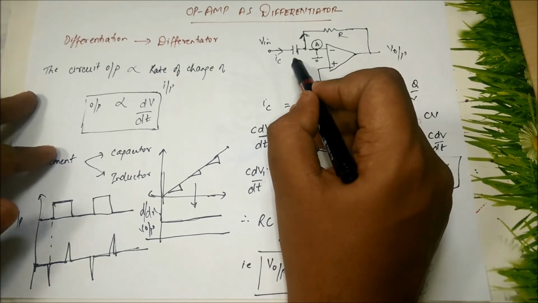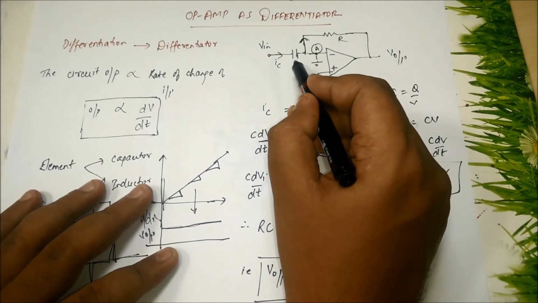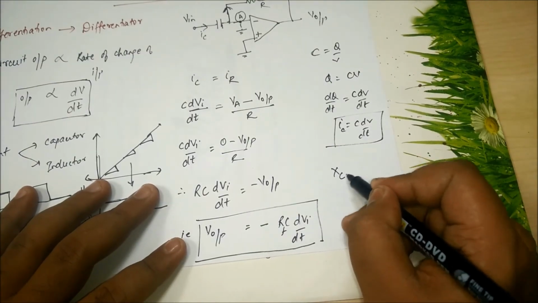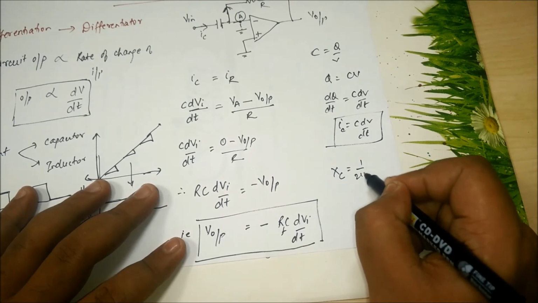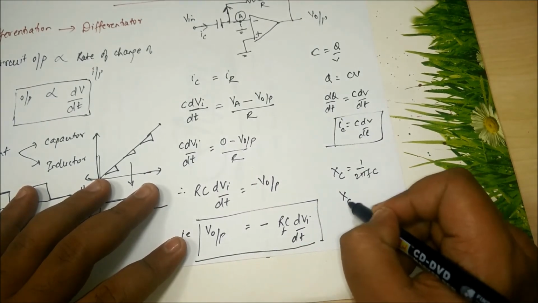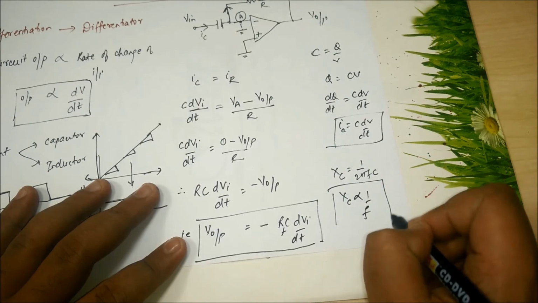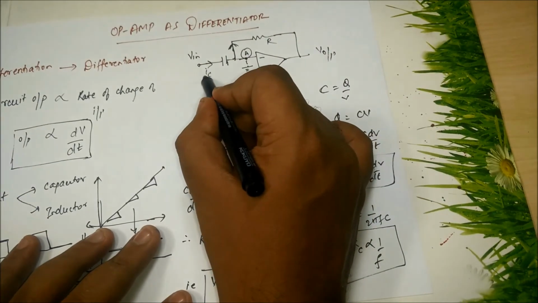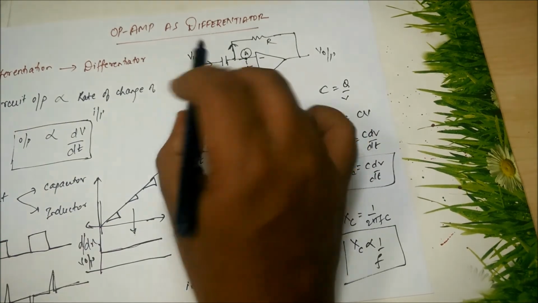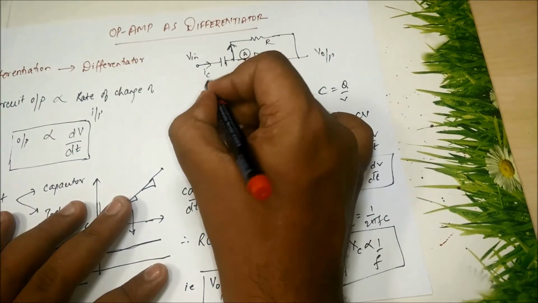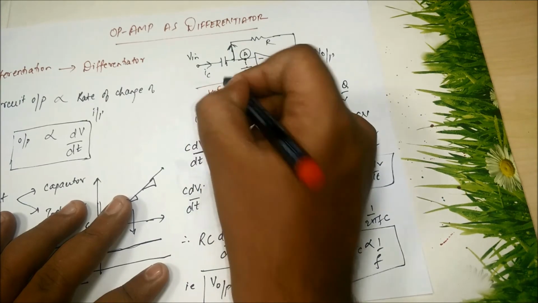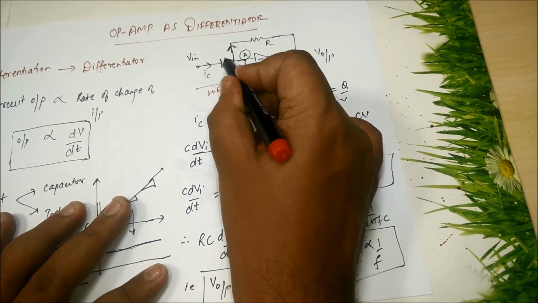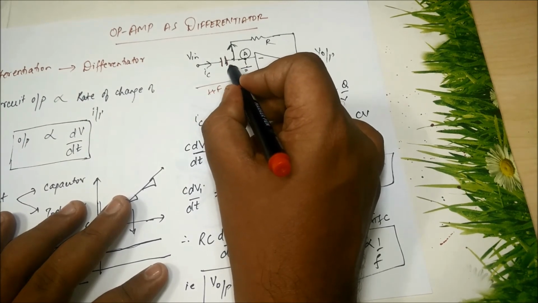Here also, if you see my capacitor, I know the impedance is given by 1 upon 2 pi fC. That is, it is inversely proportional to frequency. The more the frequency, the less will be the resistance. So if I have a high frequency component, that can easily pass through it, but if I have a low frequency component, it will be blocked by the capacitor and will provide more resistance.